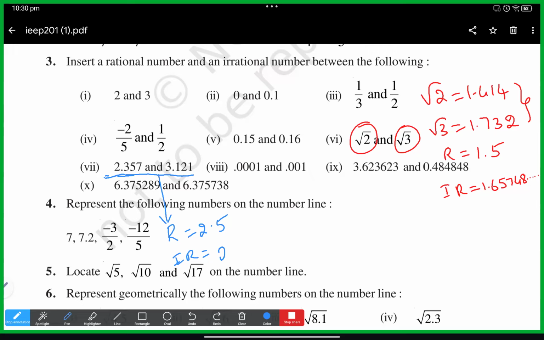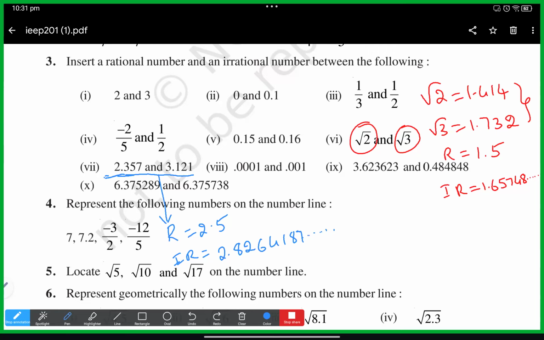Yes, Pranavi. 2.826418, and so on like that. Yes, sir. Then the 8th one.